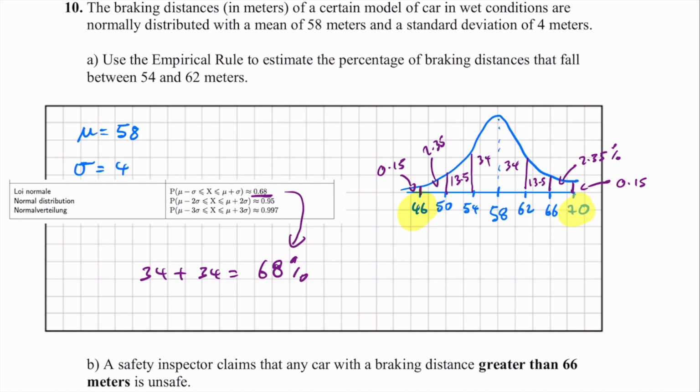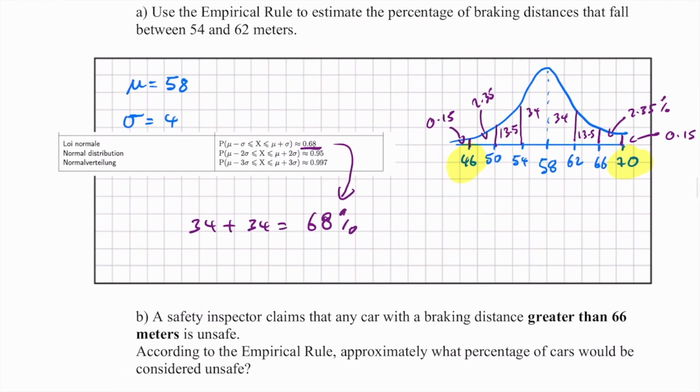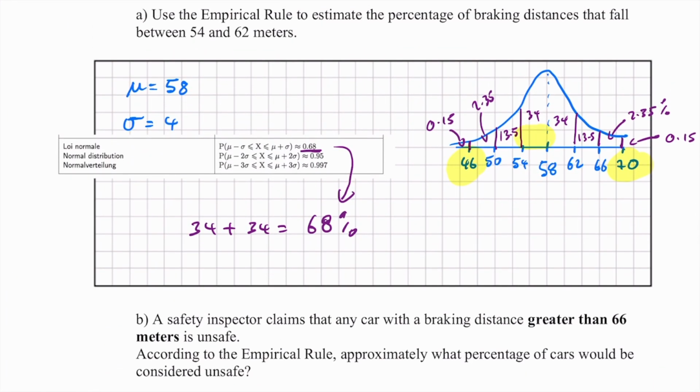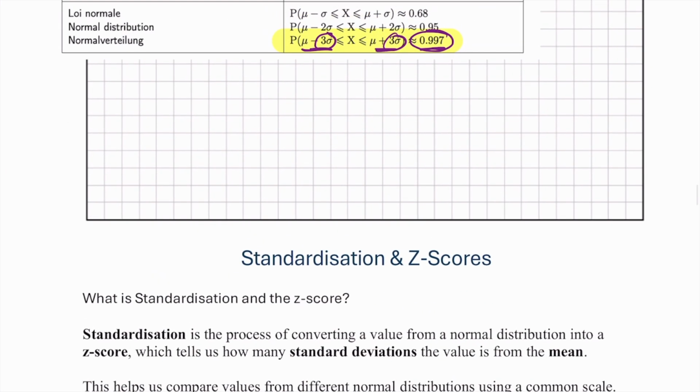There's 3 and there's 3. 1, 2, 3. 3 standard deviations from the mean here. 1, 2, 3. 3 standard deviations. So between 46 and 70. So you can write that down. Between 46 and 70 meters. And that's your answer.